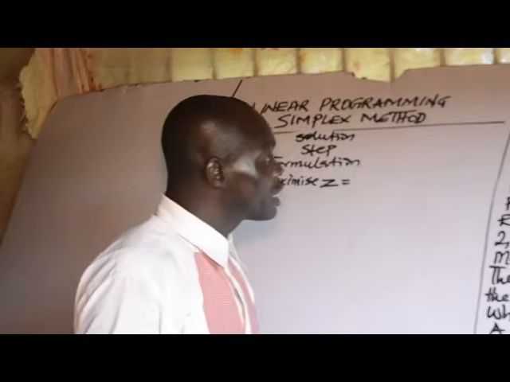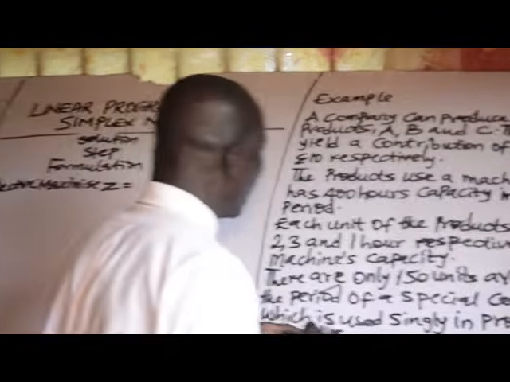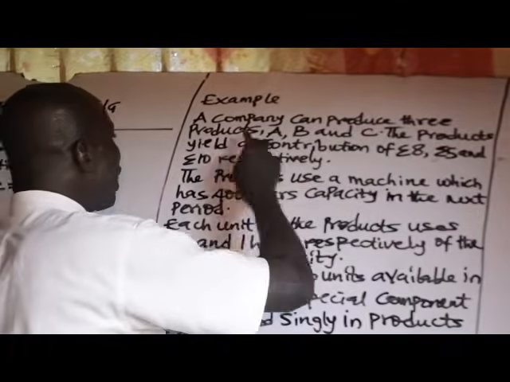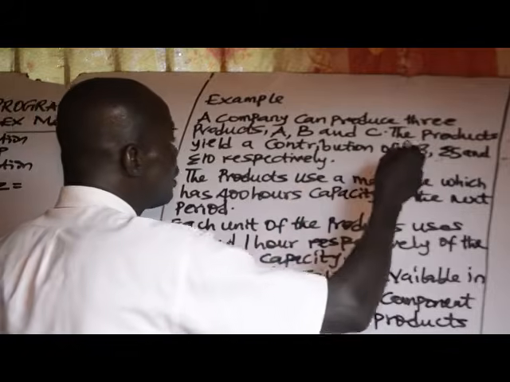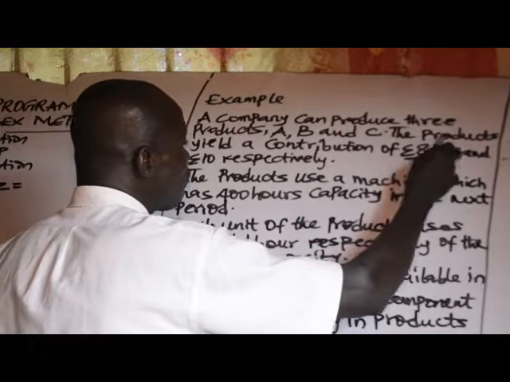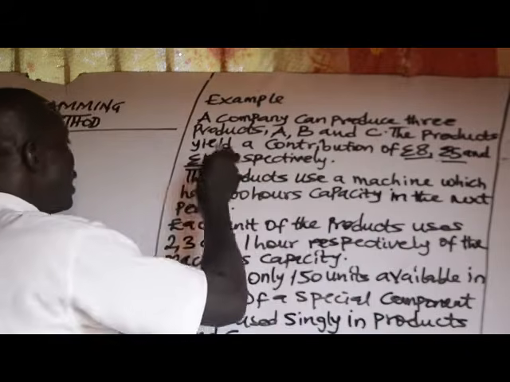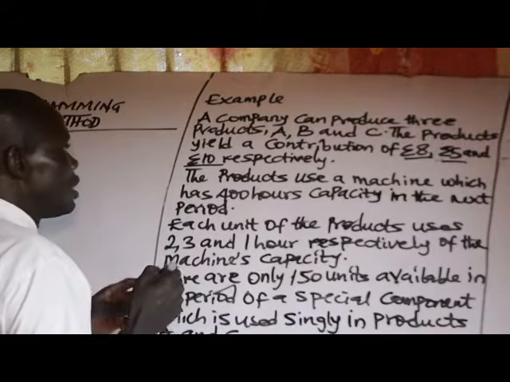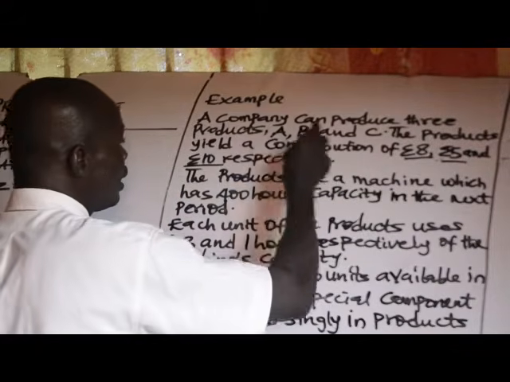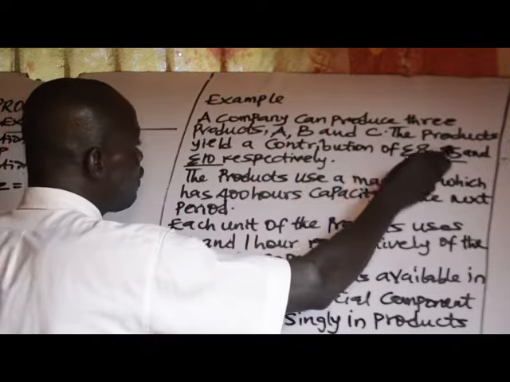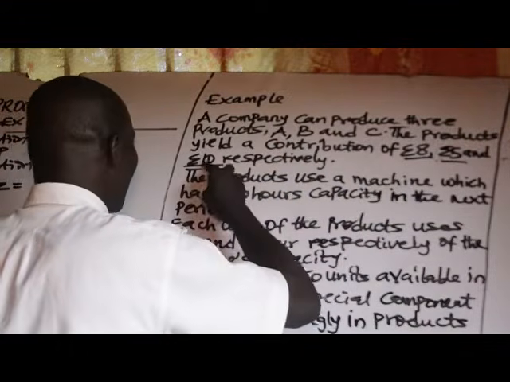And what are the products involved? And what are their contribution? The products have a contribution of 8 pounds sterling, 5 sterling, and 10 sterling respectively. That means for A, 8 sterling, B, 5 sterling, C, 10 sterling.